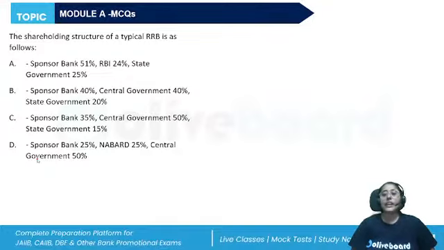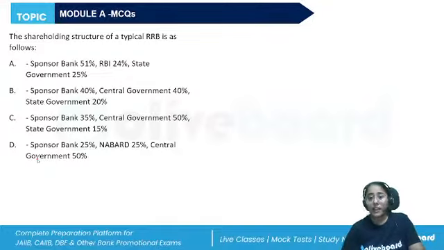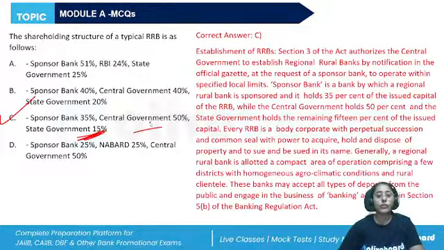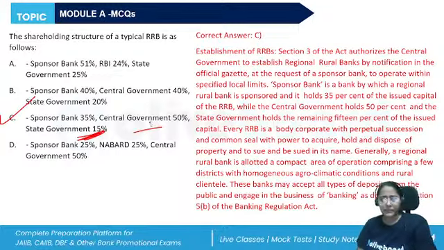So, if we are talking about the shareholding, the sponsor bank is going to hold 35%, the central government will be holding 50%, and the remaining 15% will be held by the state government. So, this will be the shareholding criteria.